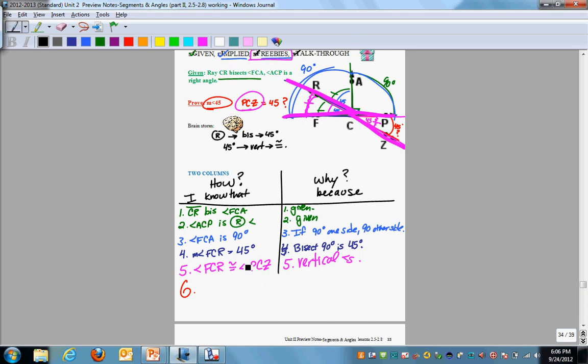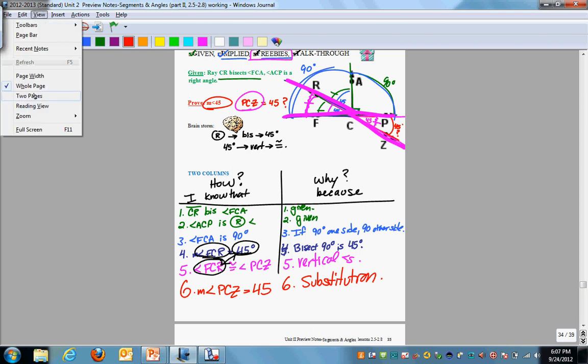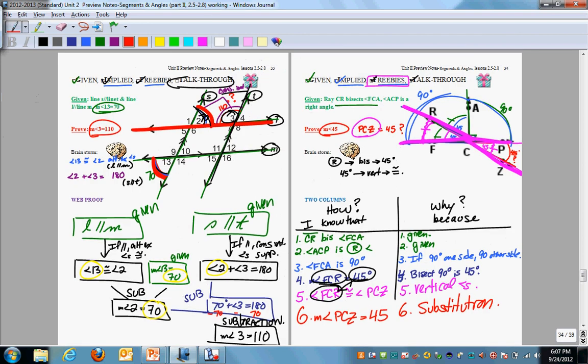Now circle with me. Here's FCR, 45. Here's FCR again, so we can replace FCR with 45, so we can finally say the measure of angle PCZ is 45 degrees, and the reason is because substitution. So that's called a formal two-column proof. So the two formal proofs on the left would be the web, and on the right would be a two-column proof.